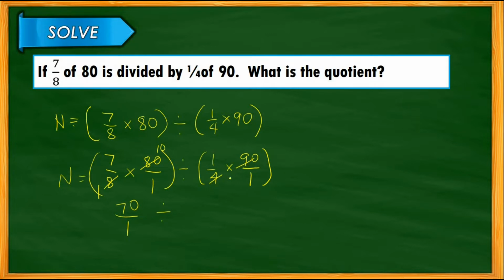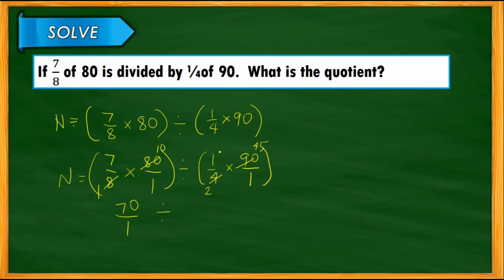Divided by 1 over 4 times 90 over 1, we use cancellation again. The common factor between 90 and 4 is 2. How many 2 in 4? We have 2. How many 2 in 90? We have 45.